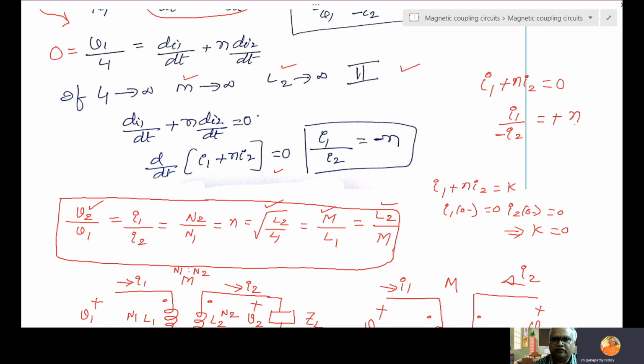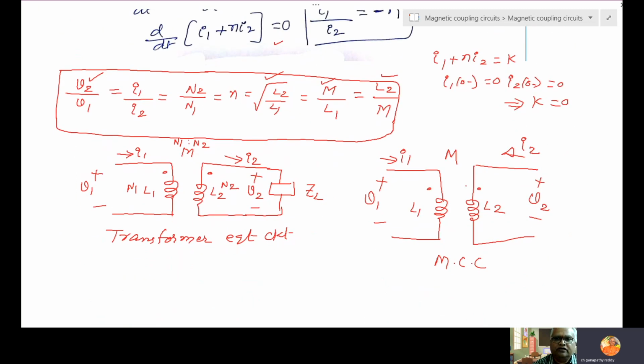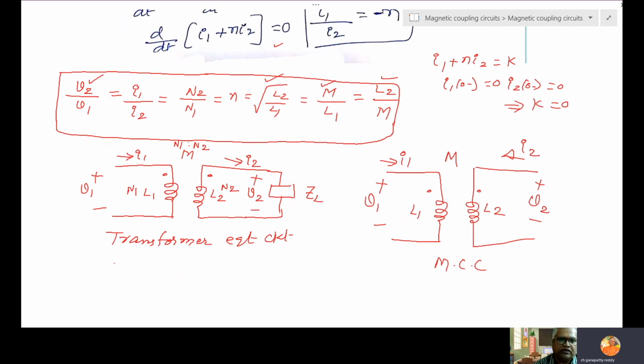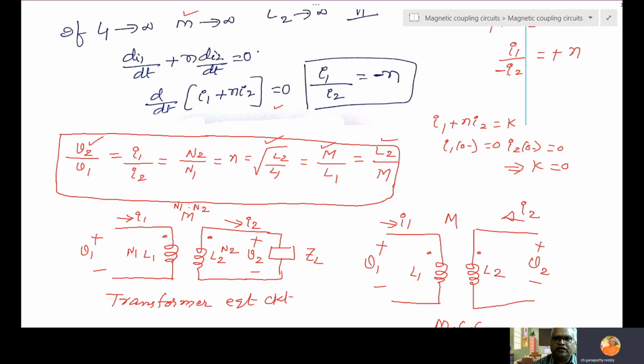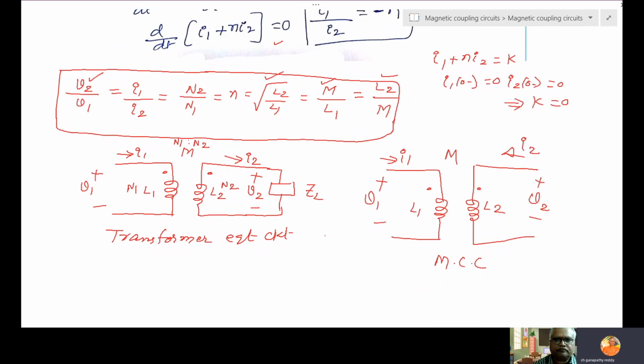So I1 by minus I2 equal to plus N. So in this transformer, a very important point to be observed: in any transformer, I1 entering at dot, I2 leaving from the dot, then I1 by I2 equal to plus N. But in coupling, I1 is entering at dot, I2 entering at dot again. That's why I1 by minus I2 equal to plus N, or I1 by I2 equal to minus N. Any one of the ways you can remember.